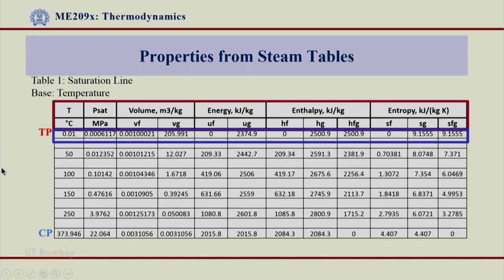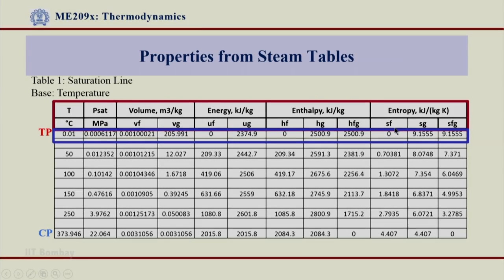What you can also notice now is the first line, which is given at 0.01 degree centigrade, which is the triple point temperature. What you see under this is that Uf is given as 0 value, Hf is given as 0 value, and Sf also has been given as 0 value. This is nothing but that we have made a reference point as triple point temperature, and at this triple point we have assumed that the values of Uf, Hf and Sf are equal to 0.